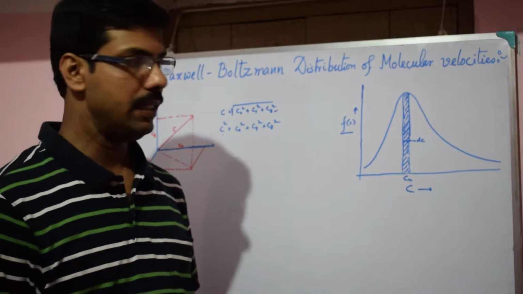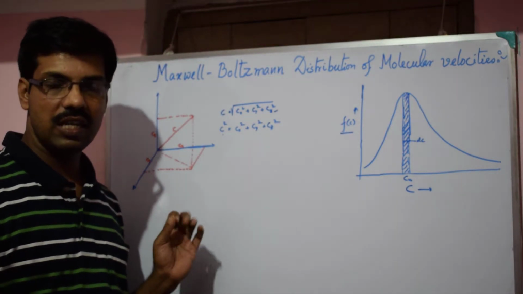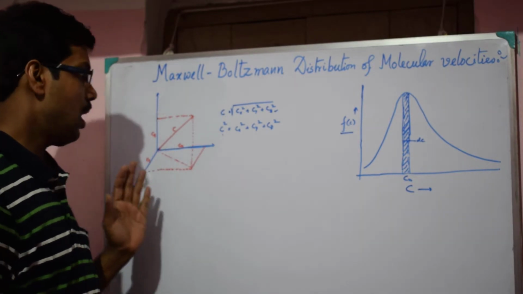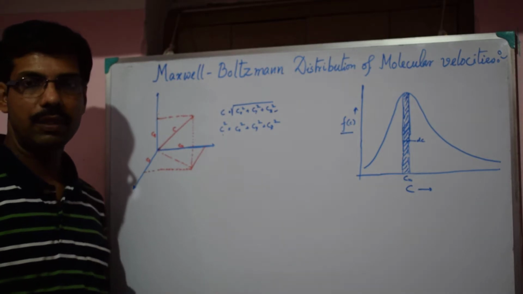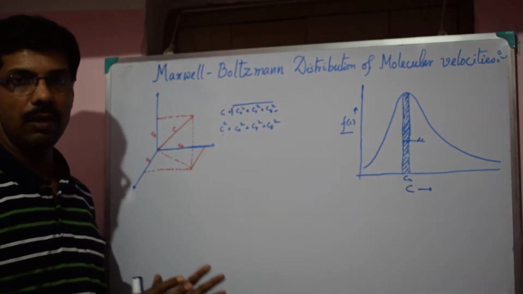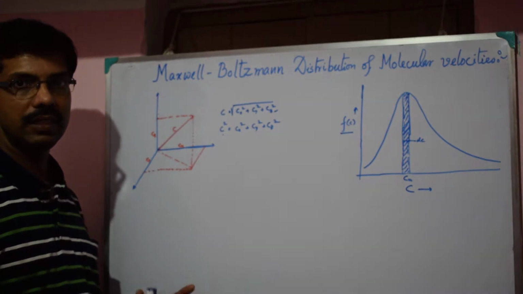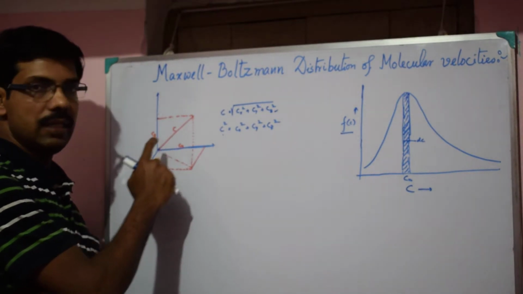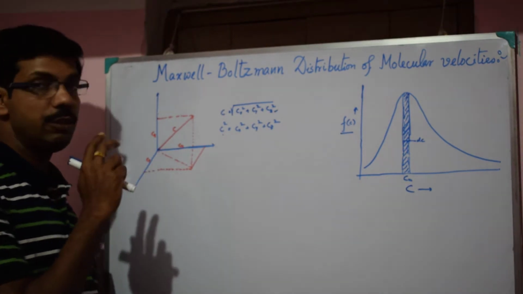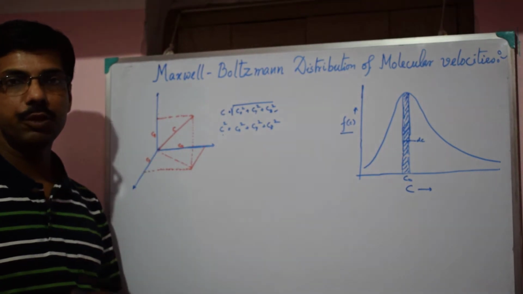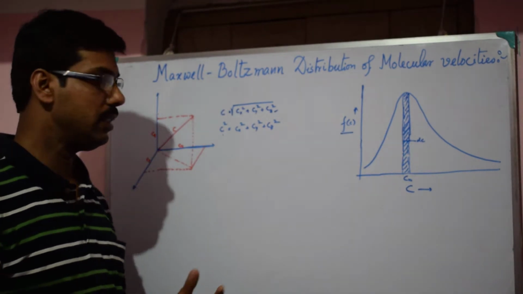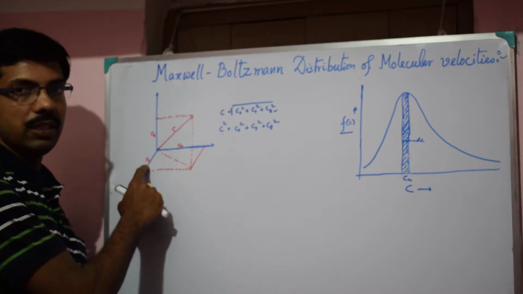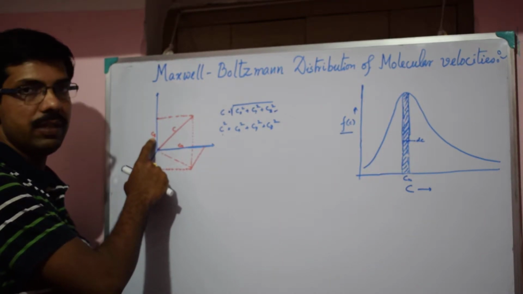At the very beginning, we first discuss the distribution of molecular speeds into three mutually perpendicular component velocities along Cx, Cy and Cz. That means if the velocity vector is c, then it can be divided into three mutually perpendicular component velocities. Along the x-axis it will be Cx, along the y-axis Cy, and along the z-axis Cz.